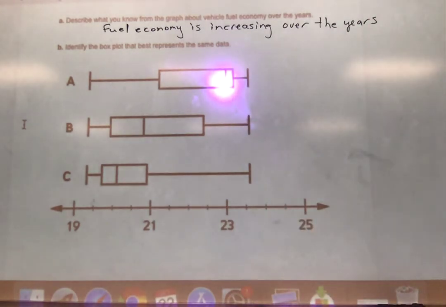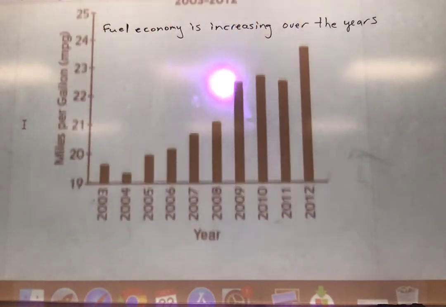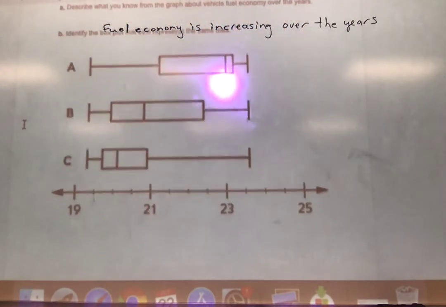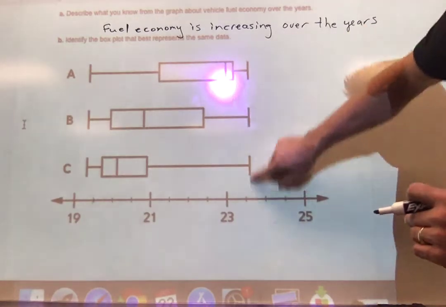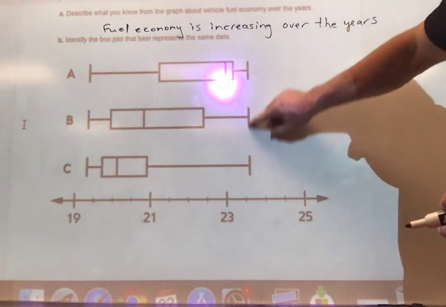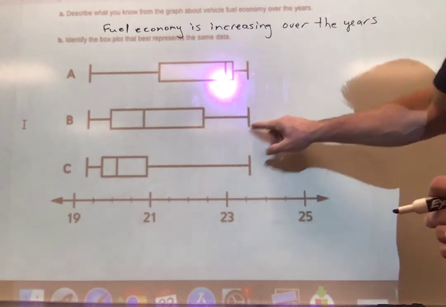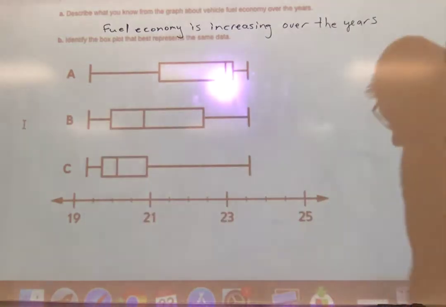Looking through here, I want to know which one represents this graph. If I look at these, the minimum and maximum don't help me a whole lot because they're the same. The maximum was a little over 23, almost 24, so it's the same on all of these. The minimum's close to 19, which we could tell on the other graph.